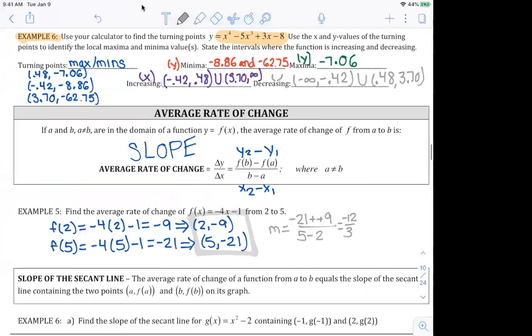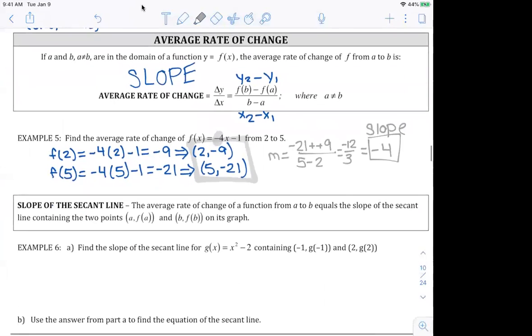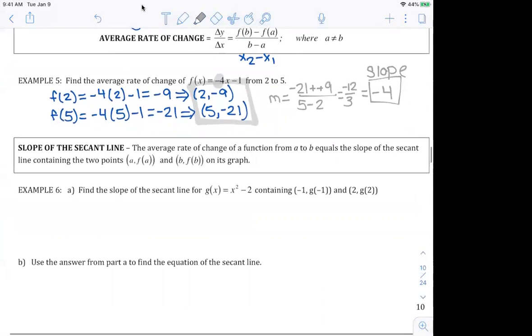When that simplifies, that's going to get me a -4. So that is my final answer there. That's my slope, which we should know because this was just a linear function. Notice -4 was the slope. That's not going to happen every time, because in other problems they're not always going to be linear. But that was one that you should be able to notice.